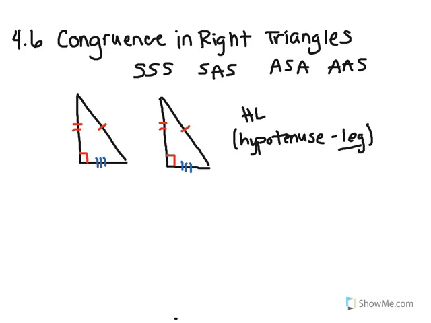So I want to explain to you why that happens. So if you look over here in the picture, let's go ahead and erase these blue lines here. We're going to pretend that those aren't there. So if you look at this picture, let's say that we didn't know that we had hypotenuse leg to help us.